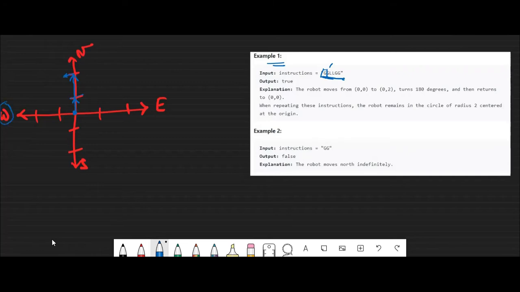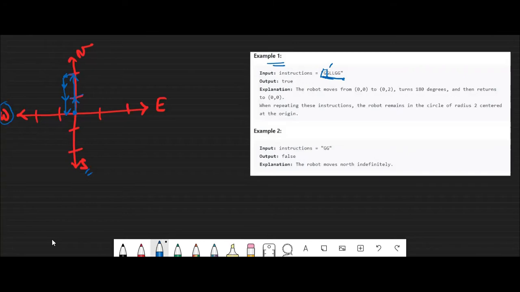And again it turns left, right? So again I'm going to turn left 90 degrees. Now it points towards south. Again GG. So the robot will move 1 unit, and again the next 1 unit. The difference is that earlier the robot faced towards the north direction, and now it faces towards the south direction, right?